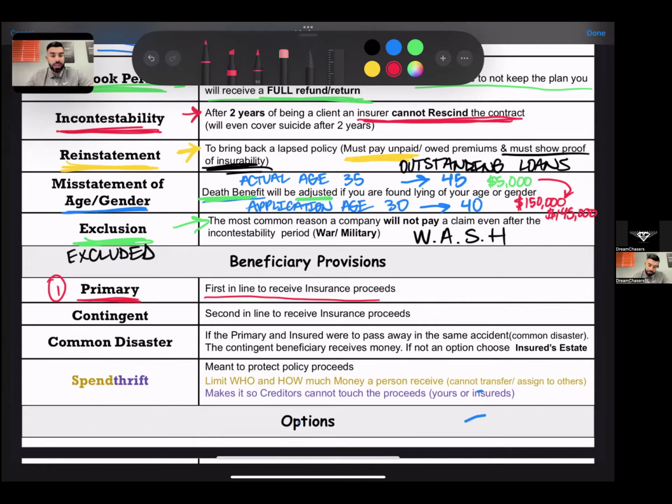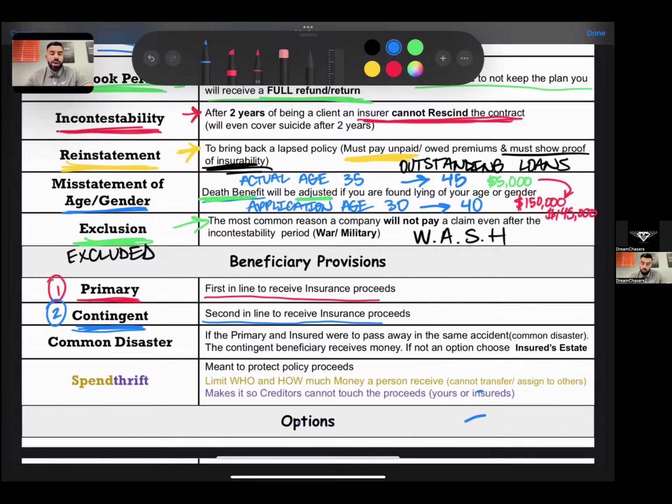The money. Okay. Second is a contingent beneficiary. A contingent beneficiary is the person second in line to receive the death benefit. So, for example, husband puts wife as the primary beneficiary and then puts his son as the contingent beneficiary. So the contingent beneficiary is the second person in line.